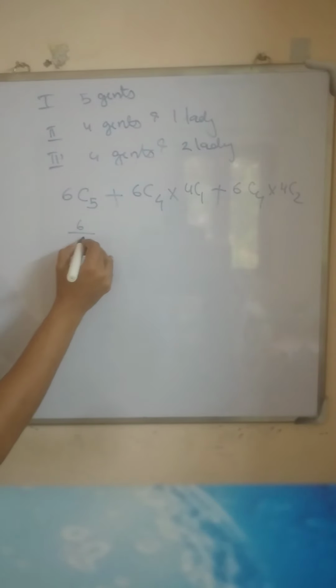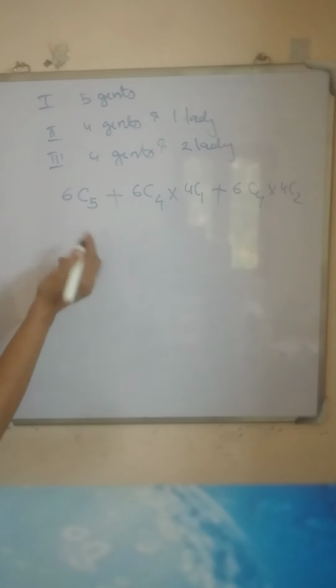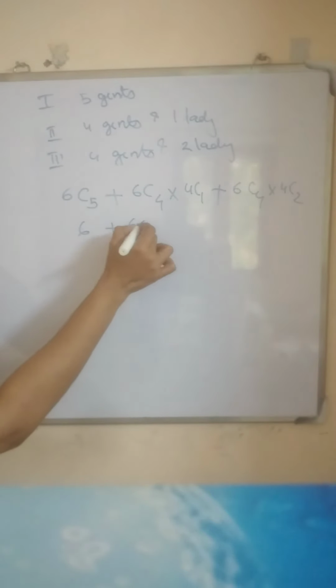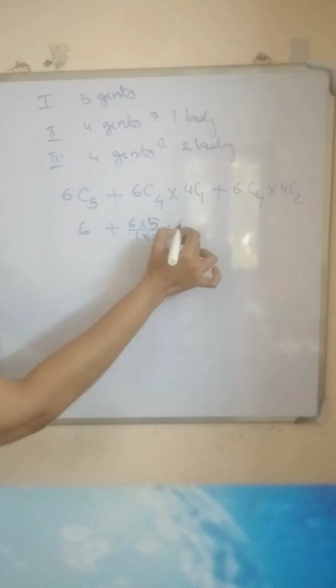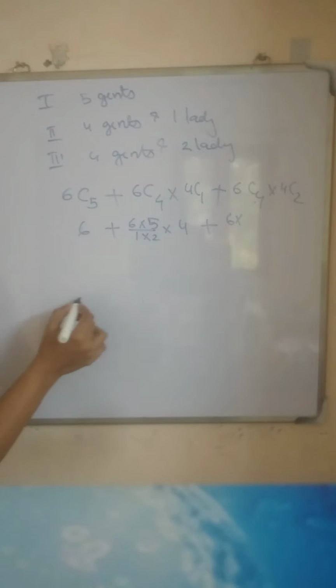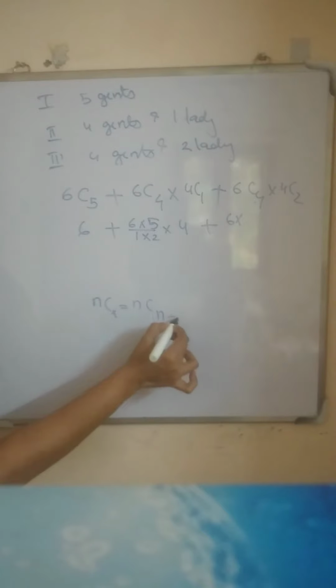That is, 6C5 is 6 by 1. 6C5 is same as 6C1, that is 6, plus 6C4, that is 6 into 5 by 1 into 2, into 4C1 which is 4, plus 6C4. We know that nCr is same as nC(n minus r).